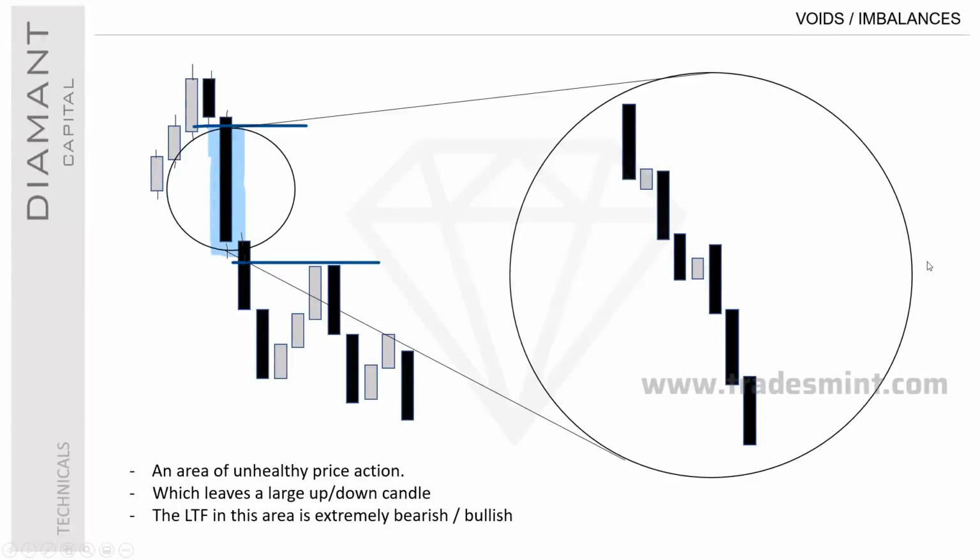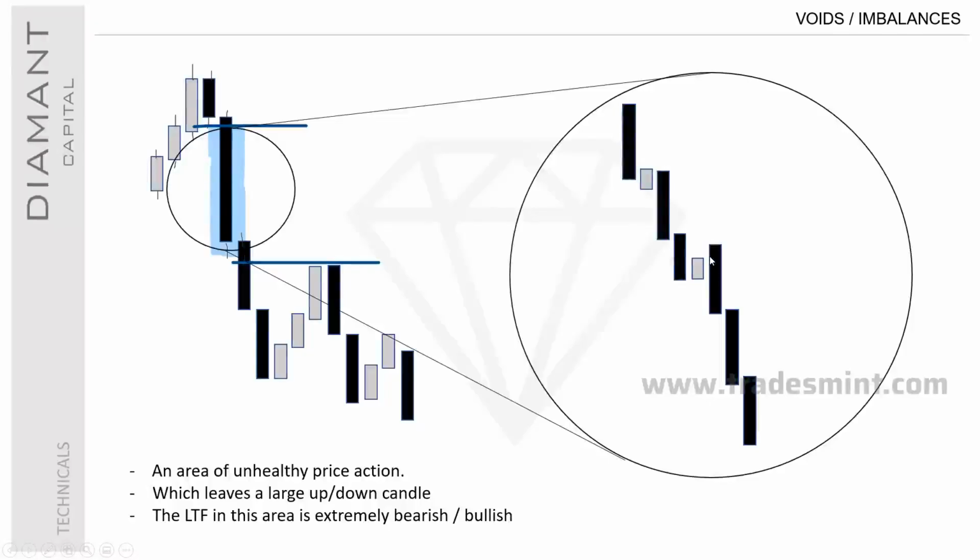Now, if you were to look at this on the lower time frame, what you would see is a straight down move. Honestly, there would be barely any pullback. So if this is a 1 hour candle, you might get a few minutes where you see a bit of up movement, but it's very minimal.